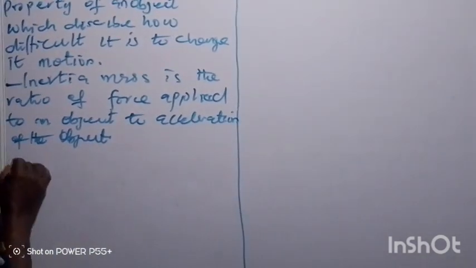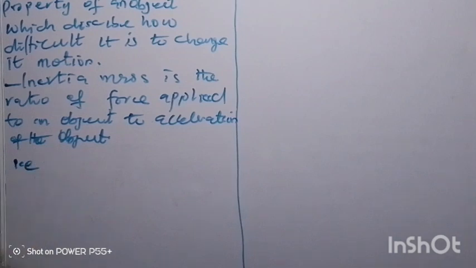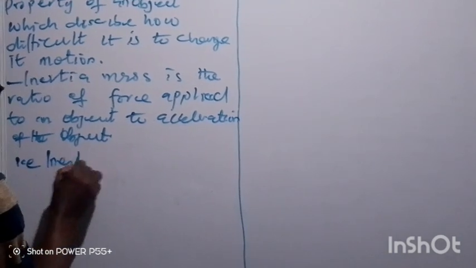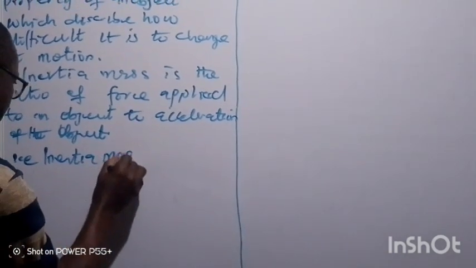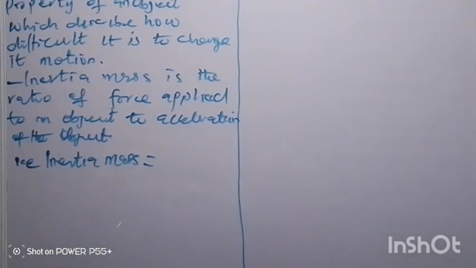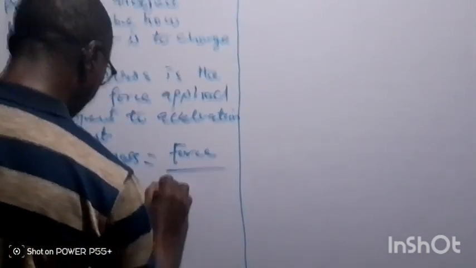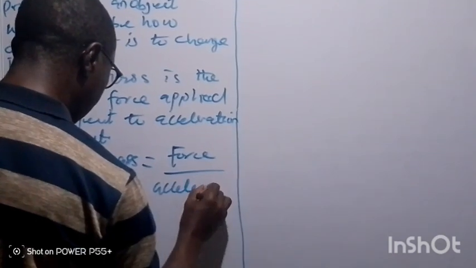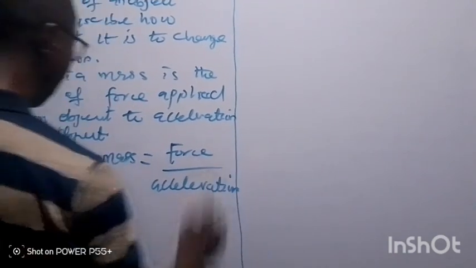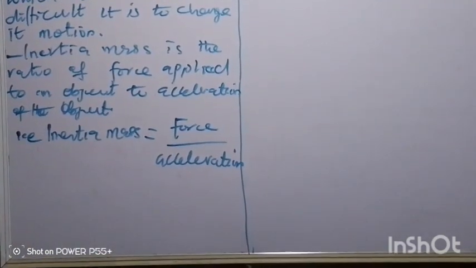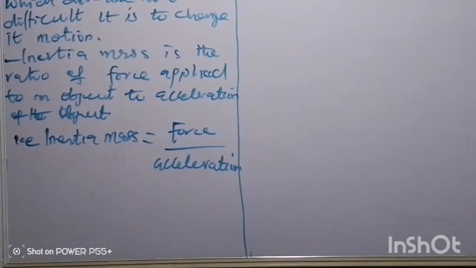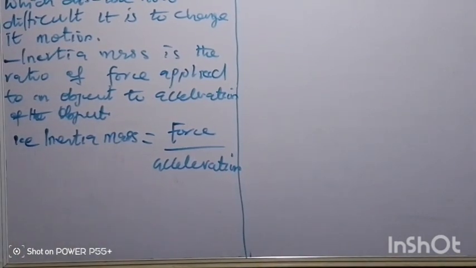That is, inertial mass is equal to force over acceleration. That is, the force applied to that object to the rate of change in velocity of that object, which is acceleration. That's the inertial mass.